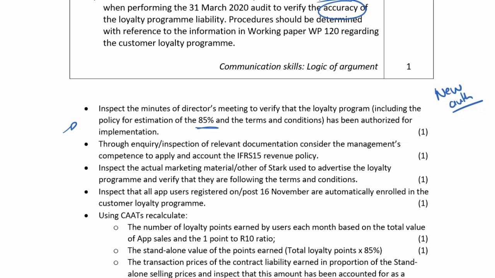So because of that, you would get your authorization mark here, because that's how we go about testing estimates. Okay, if we weren't testing an estimate and we were simply testing a calculation, I wouldn't be looking for authorization, because that would be for the occurrence assertion, not for the accuracy.